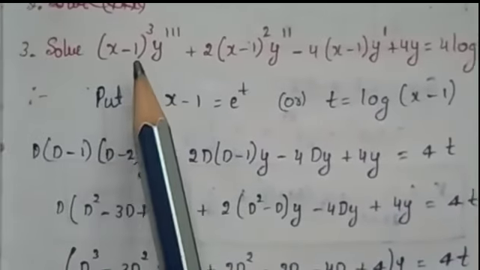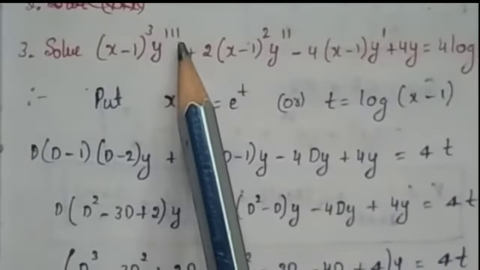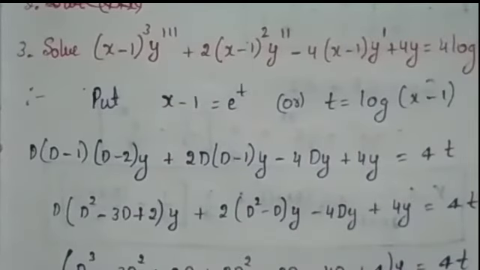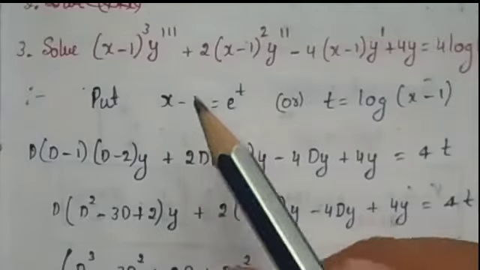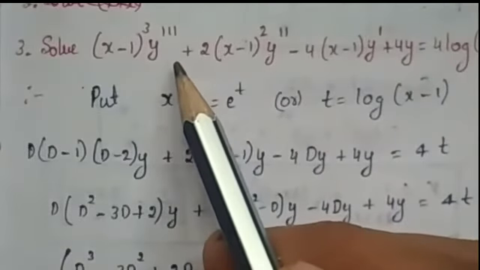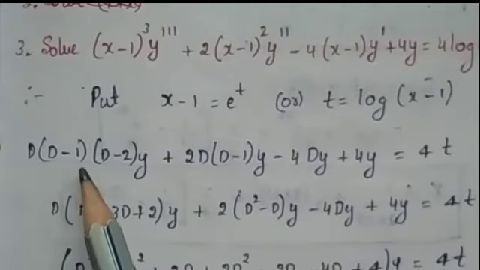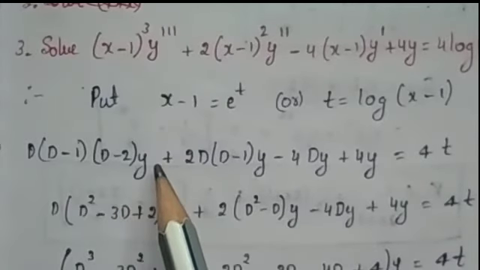So look here, (x minus 1) whole cube y triple dash is of the form (ax plus b) whole power cube d cube y by dx cube. It can be written as a cube into D into (D minus 1) into (D minus 2) into y.